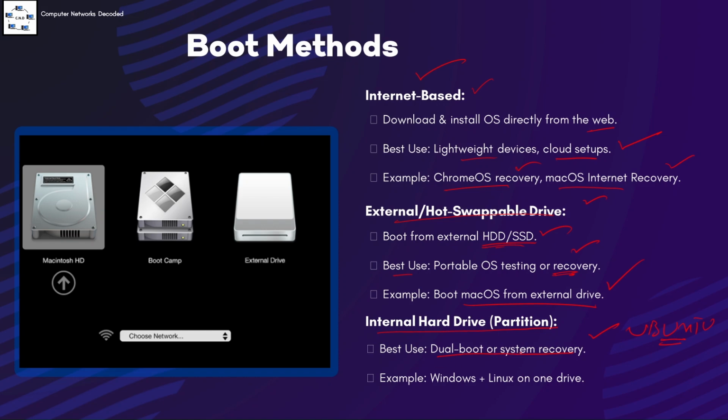Or if your operating system is corrupted, you can recover it from an operating system that is available on your internal hard drive. For example, Windows plus Linux in dual boot mode on a system.